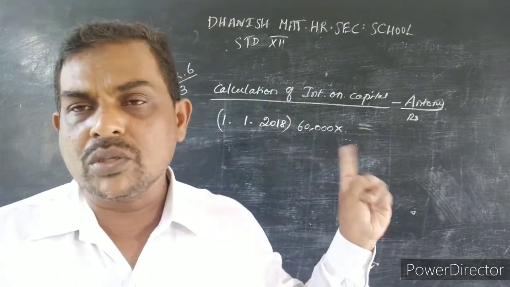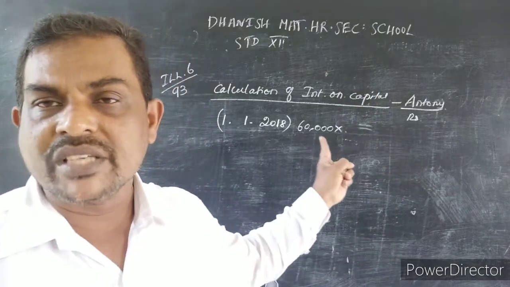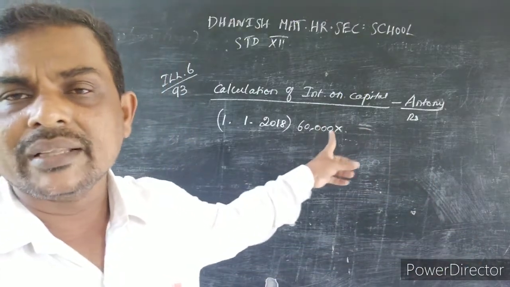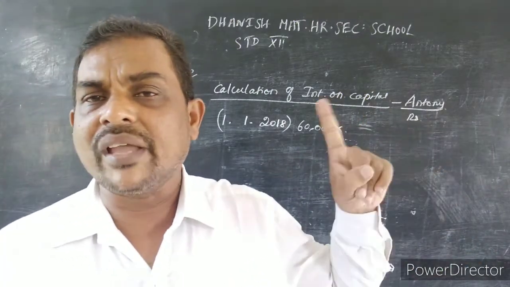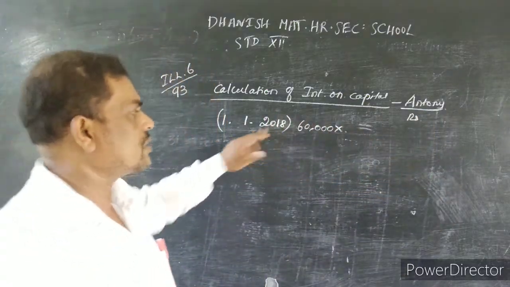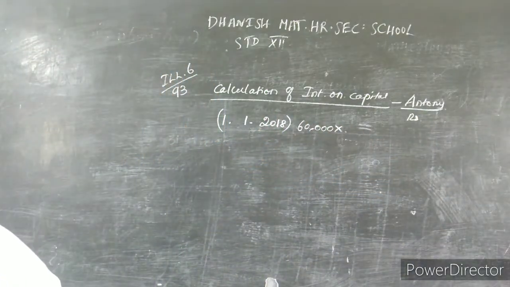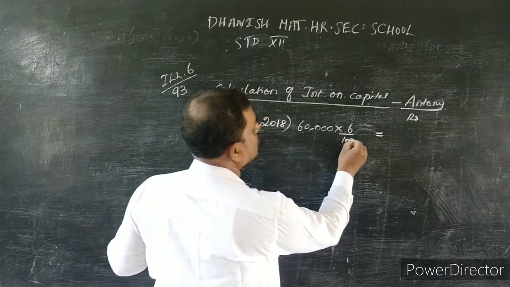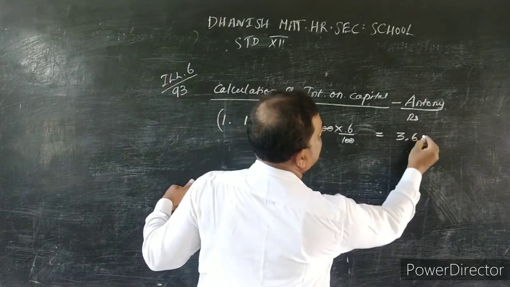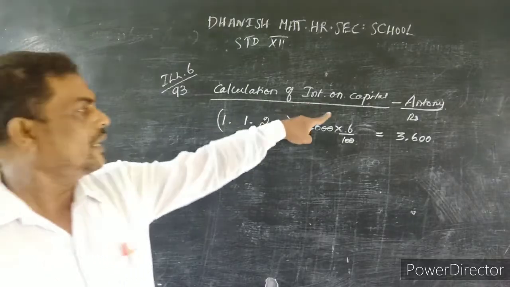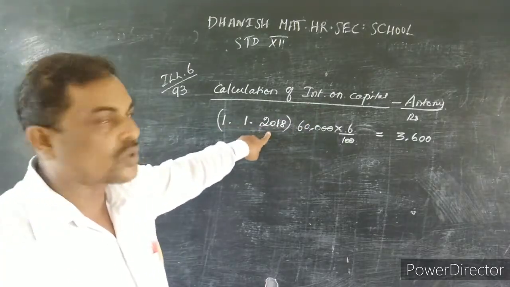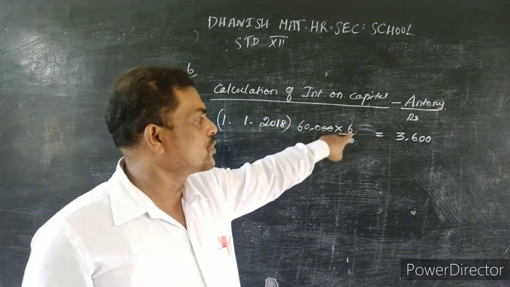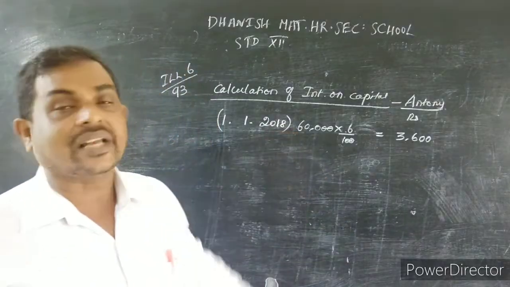He contributed on 1st January, so this account will be closed on 31st December, and the same amount remains for the whole year. So we have to give him interest for 1 year at 6% per annum: 60,000 into 6 by 100, that is 3,600 rupees. Understood or not? Antony contributed capital on 1/1/2018, rupees 60,000, so the whole year remains the same, and 60,000 into 6 by 100 gives interest of 3,600.